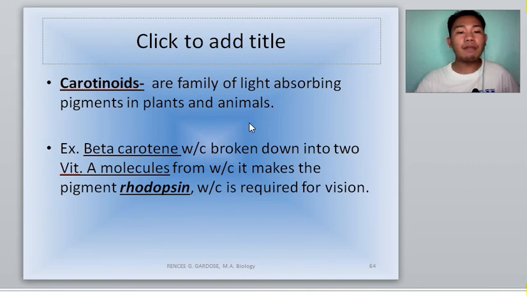Another, we have carotenoids. Carotenoids are a family of light-absorbing pigments in plants and animals. An example of a carotenoid is beta-carotene, which is broken down into two vitamin A molecules, from which the body makes the pigment rhodopsin, which is required for vision.